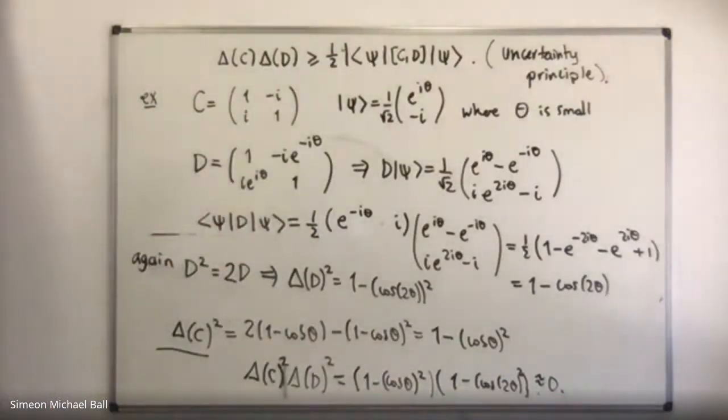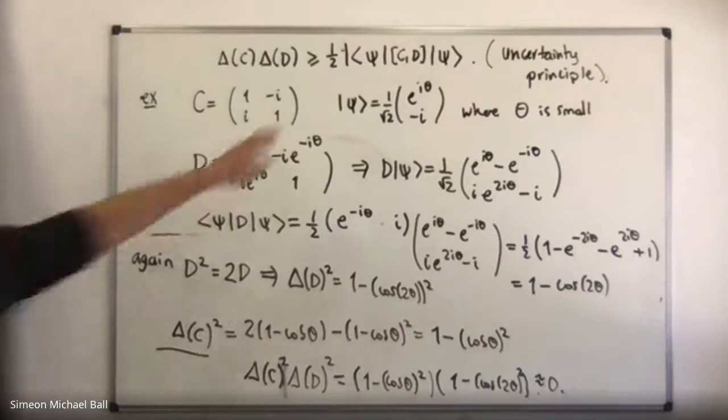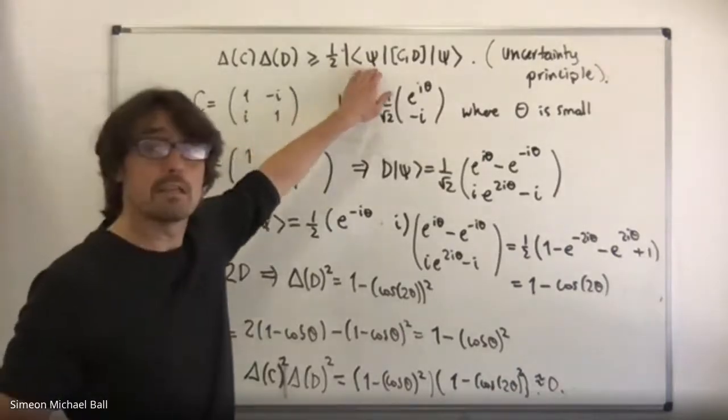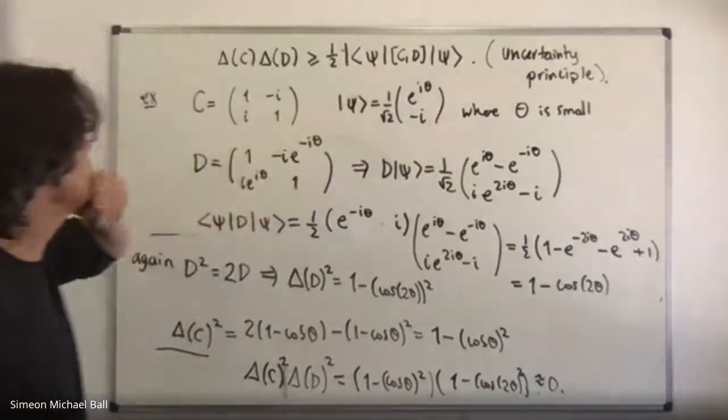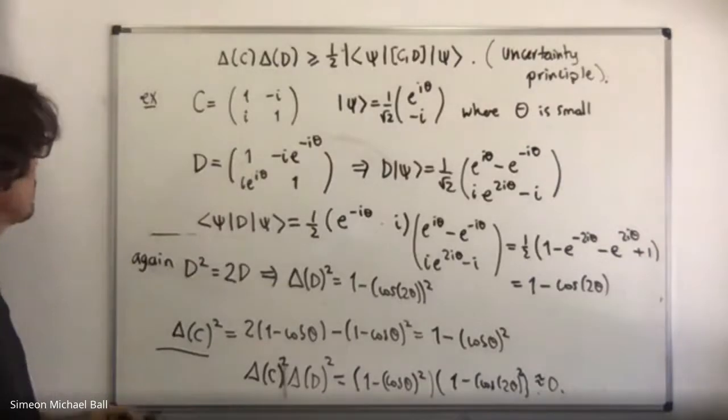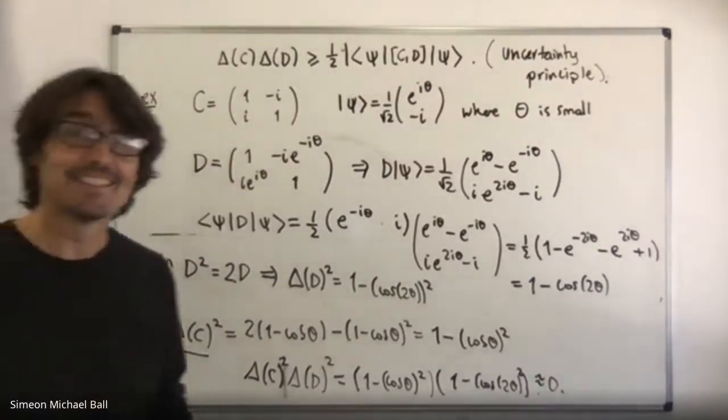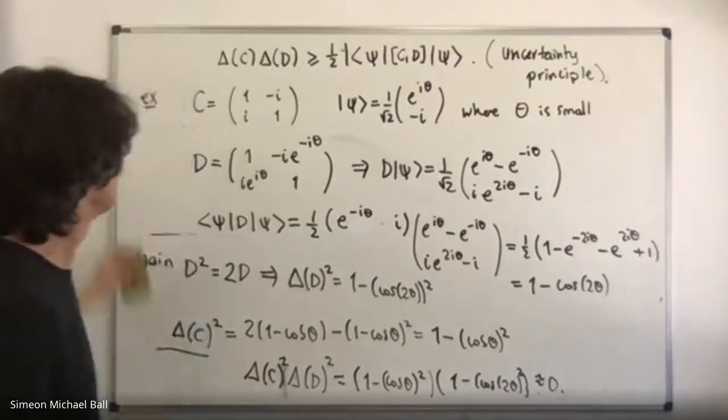So it's very, very small, which from Heisenberg's uncertainty principle means that this thing here is going to be very small. So let's just see what happens.